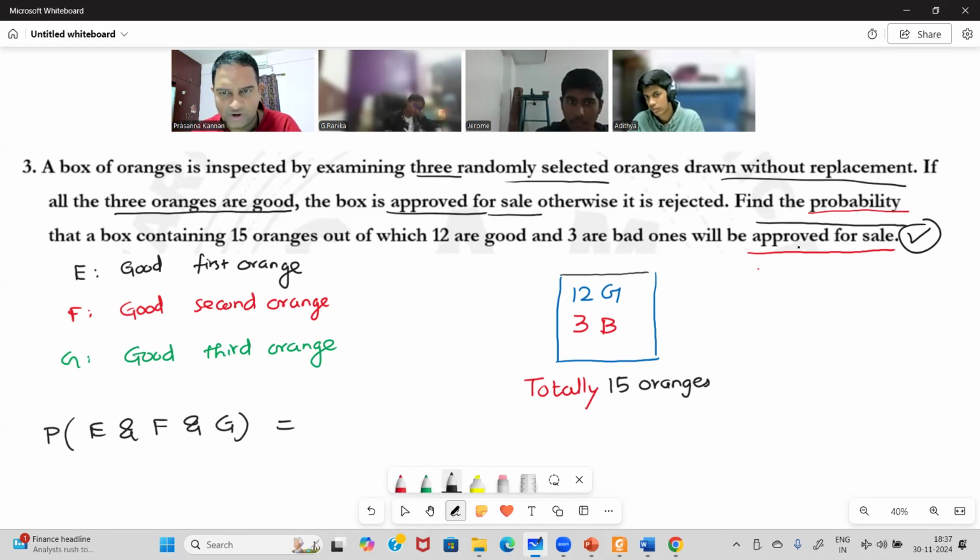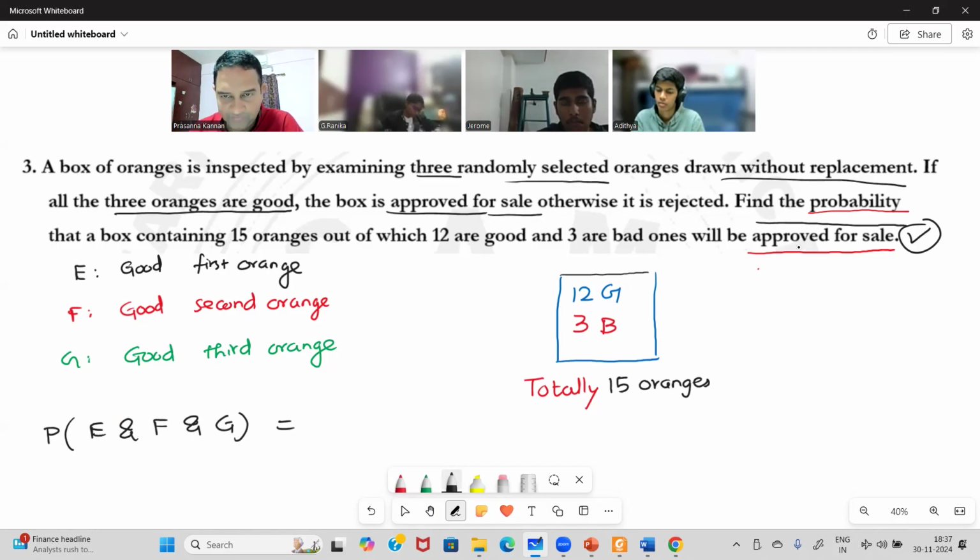What is the probability for the first orange to be good? Can you tell me the probability, Jerome? 1 by 15, sir. 1 by 15, where did that 1 come from? Remember, recall this. King card, how many cards are there totally? 52. You want to draw one king card.